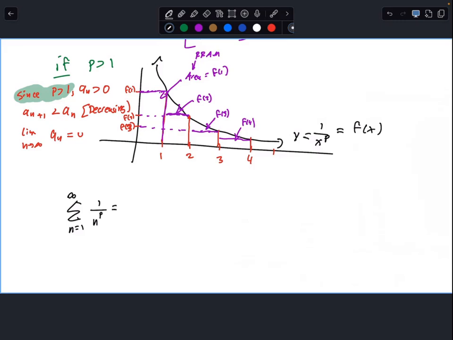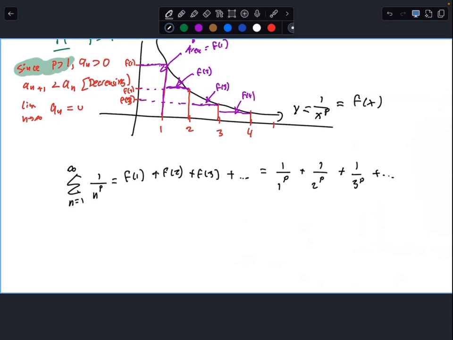Well, that's going to be the same thing as f of 1, because f of 1 is plugging in n equals 1, which would be 1 to the p, plus f of 2 plus f of 3 plus ..., which is the same thing as 1 over 1 to the p plus 1 over 2 to the p plus 1 over 3 to the p, ... And this would therefore be equal to, well, what's 1 to the p? 1.